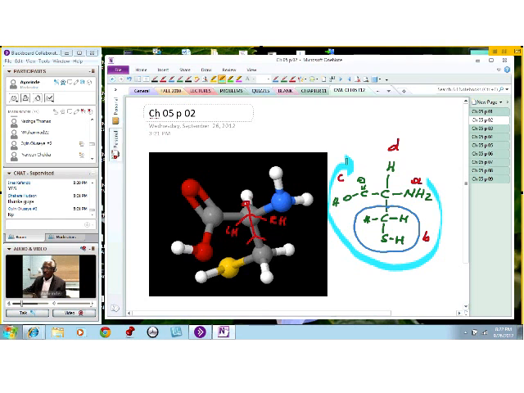That motion is clockwise motion, which will be R. Now, once you do that, then you ask yourself, where is the group of lowest priority pointing to? In this case, it is going away from us. So therefore, this R is correct. So we come back here and say the absolute configuration here is R. Okay, is that clear to all of you?